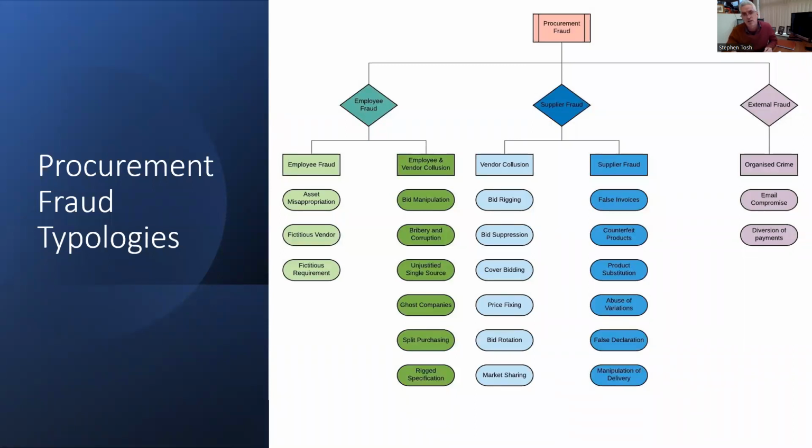And I'm going to touch on that in the next hour as well. You've got the individual company fraud, and there are many examples of that. And on the far right, which we're really not going to touch on today, you have organizations that are targeted by organized crime, which can include email compromise to ultimately try and divert future funds.